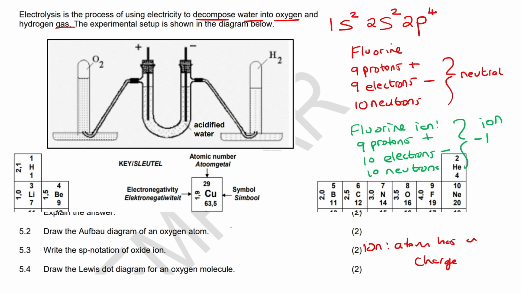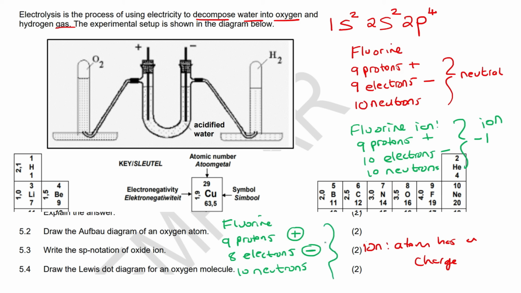What if we had a fluorine which has 9 protons and 8 electrons and 10 neutrons? Well, then you've got 9 positives and you've got 8 negatives, because electrons are negative. So what would your overall charge be if you have 9 pluses and 8 negatives?